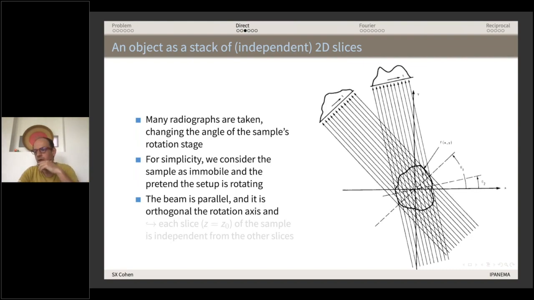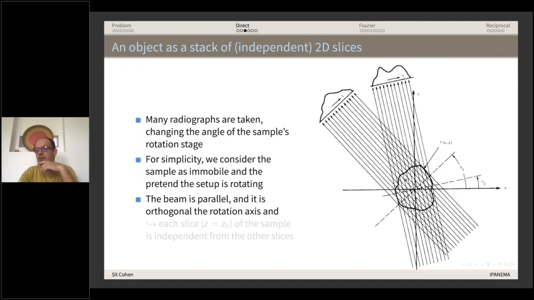If the rotation axis was not perpendicular, with my beam parallel to the plane of the slide, then some part of the sample would go out of this plane at certain angles, and some other part would come in. That means that depending on the rotation angle, I would not view the same part of the sample within this plane.